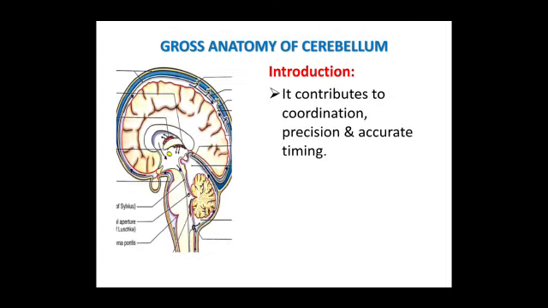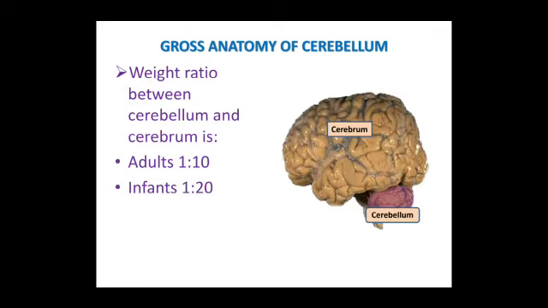It contributes to coordination, precision and accurate timing. Its weight ratio between the cerebellum and cerebrum is in adults 1:10 and in infants 1:20.